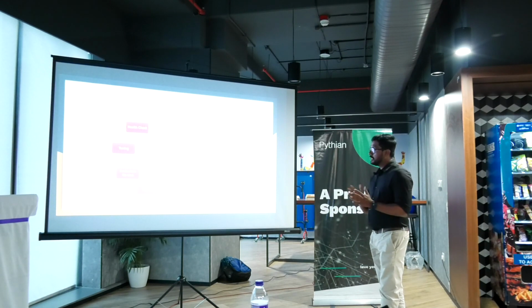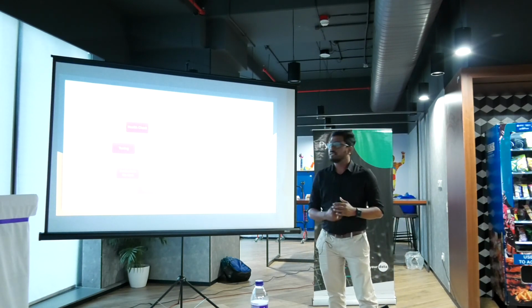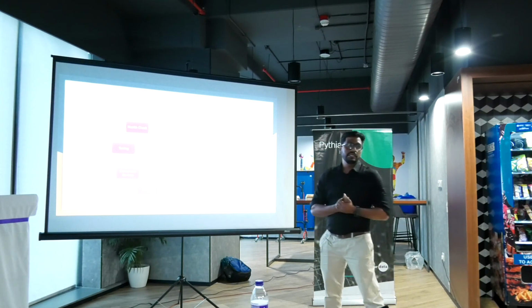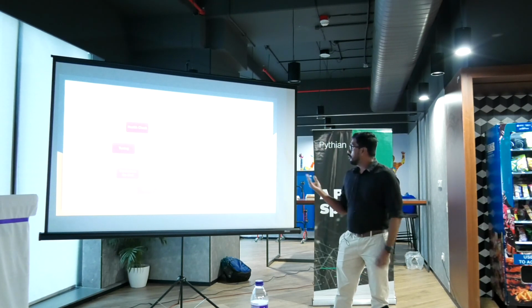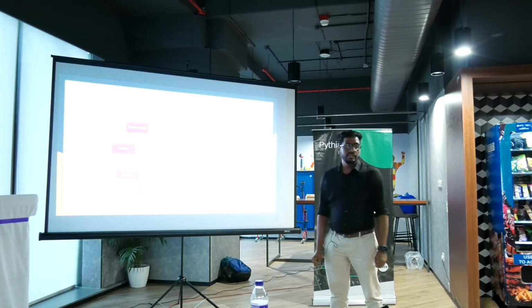So now we have chosen the database and we're done with the assessment. The next important step in the migration is the schema and code conversion, right? Converting the code objects and the schema objects is very important.